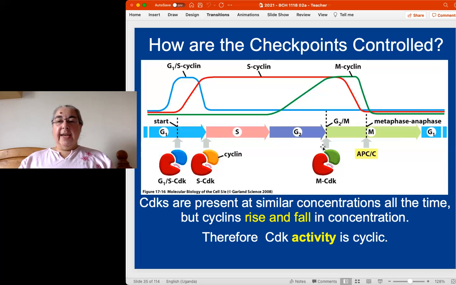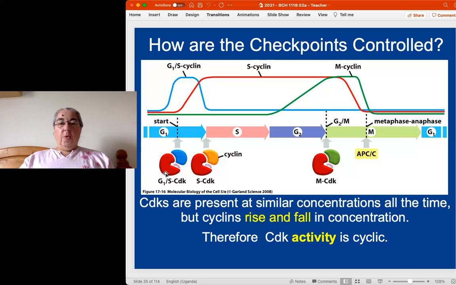Here's the third cyclin, the mitosis cyclin, which is active when it's bound to the M cyclin here, illustrated in green. And the presence of this one in the cell rises during S phase, so it's at its highest concentration at the end of S phase when mitosis is about to start.